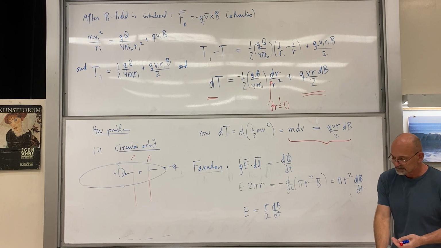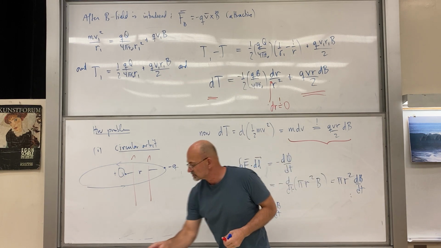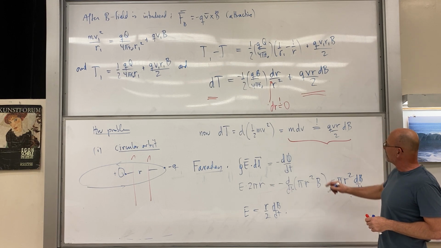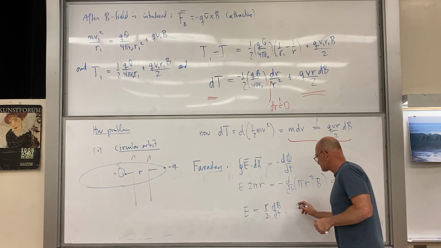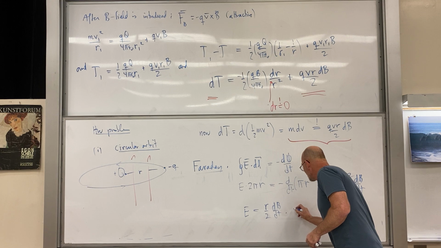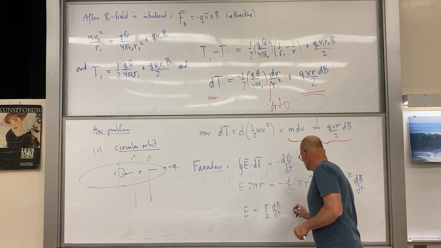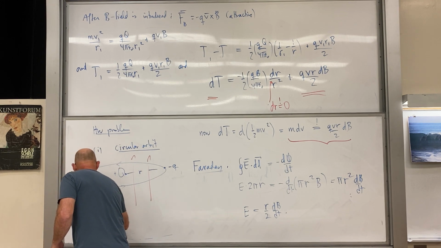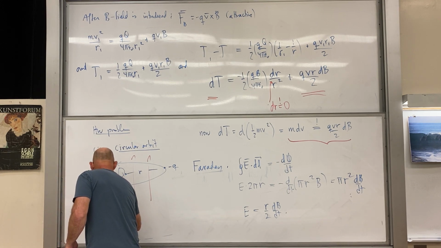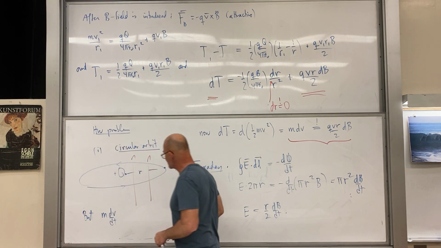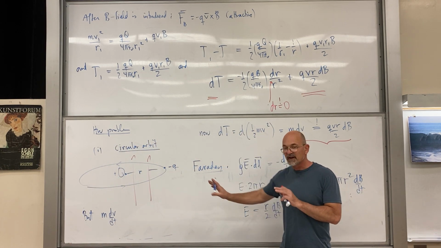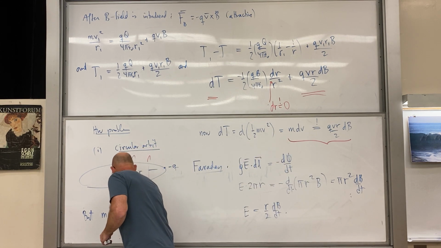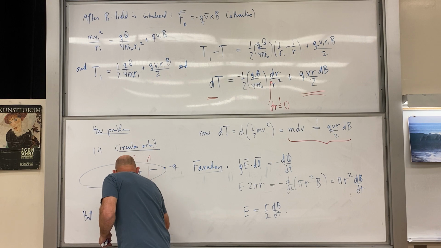Let's see if we have enough room here. So now what do we have? Let's start over here. m dV dt, this is just a tangential force, so we're not putting a vector on it. m dV dt is equal to QE.